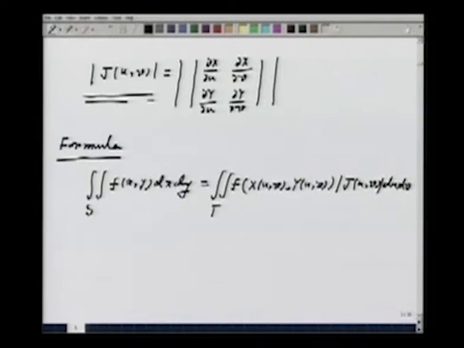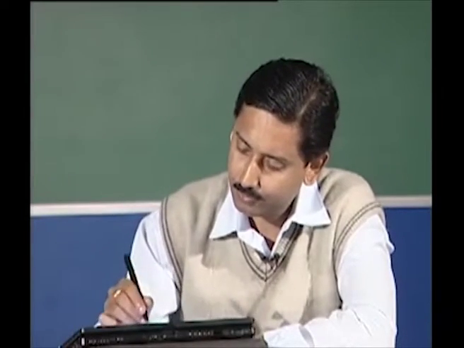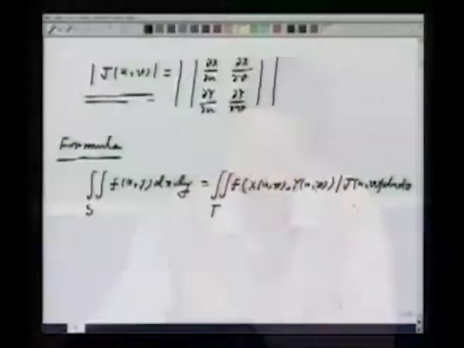Notice here that the modulus of J(u,v) essentially plays the role of this quantity g'(t) which is appearing. This quantity is actually replaced by mod J(u,v). That is what is meant in this formula.